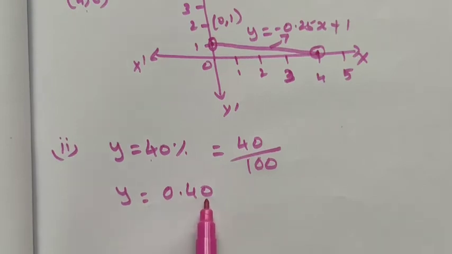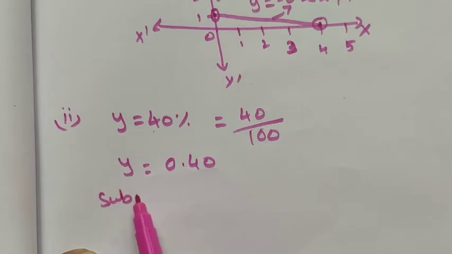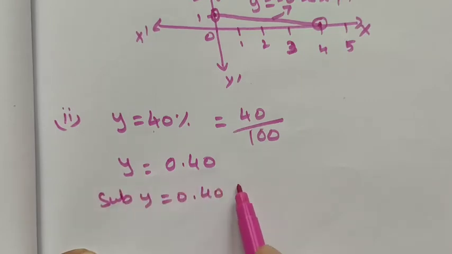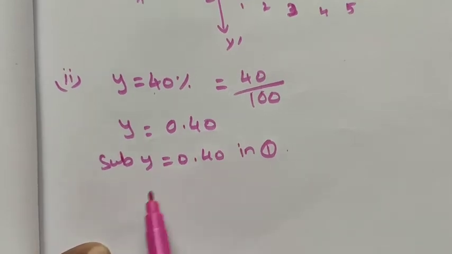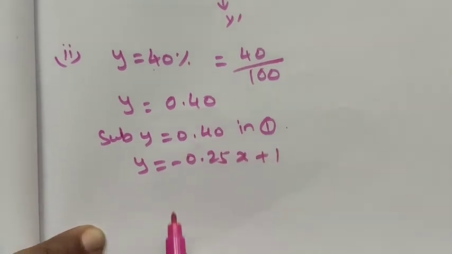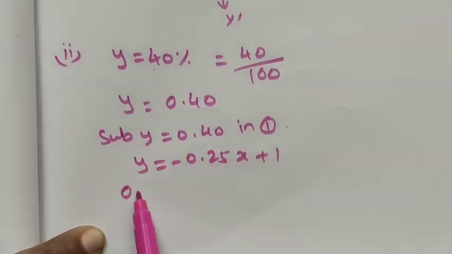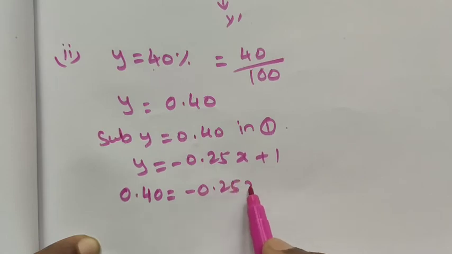Now substitute this y is equal to 0.40 in equation number 1 to find the x hours, right? Then y is equal to minus 0.25x plus 1 is the equation. In the place of y I apply 0.40, which is nothing but 0.4. Then this term is equal to minus 0.25x plus 1.